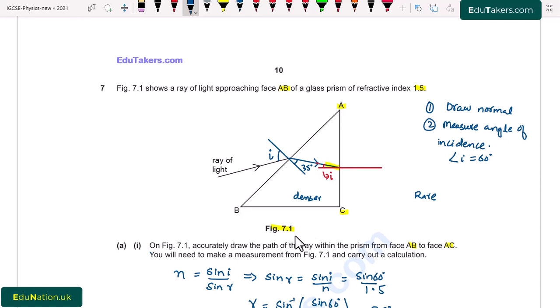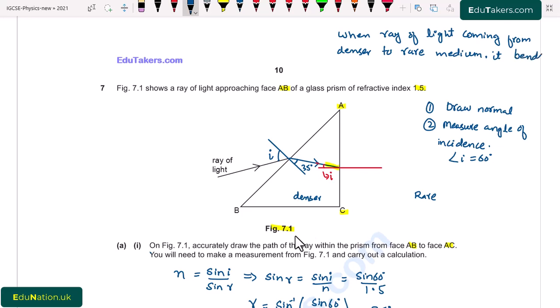I write here: when a ray of light comes from a denser to a rare medium, it bends away from the normal.